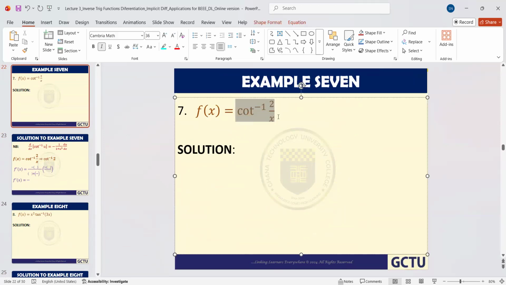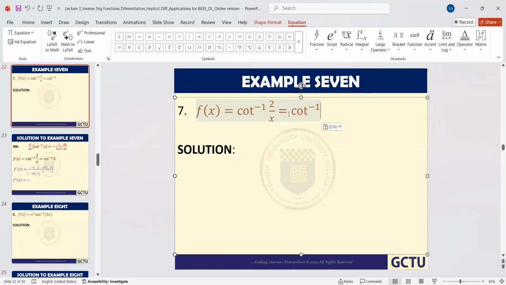We want to find cot inverse of 2 over x. I hope you know that this can be written as cot inverse of 2, and then your x will be raised to the power minus 1.